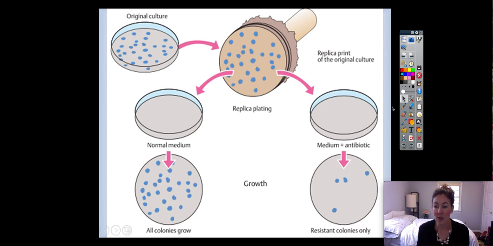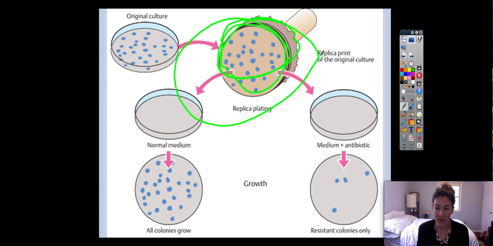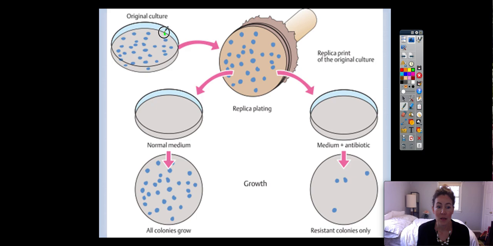So a scientist would basically take a stick with some cloth on the end. They would stamp it down on that plate, the original culture plate. So the original bacteria, which they allowed into that bath, some might have the plasmid, some might not. They're not sure which ones are which.